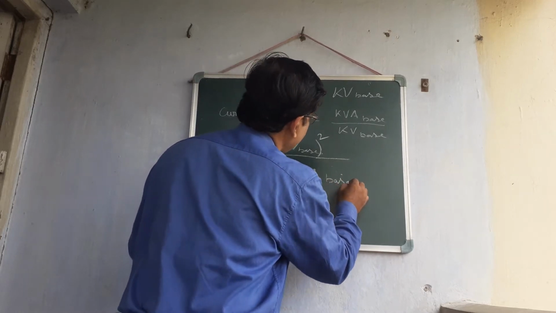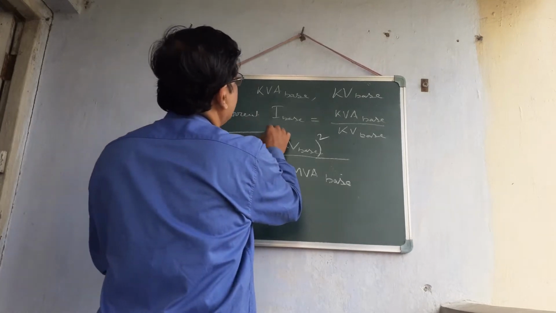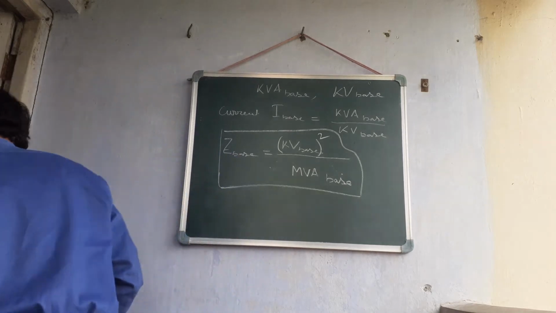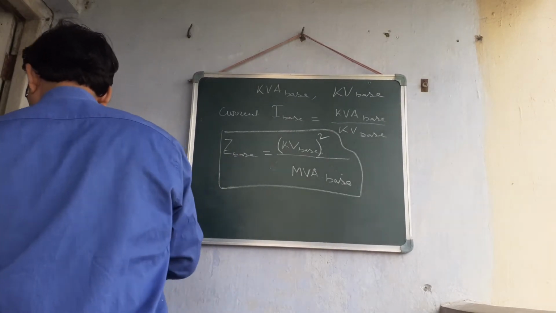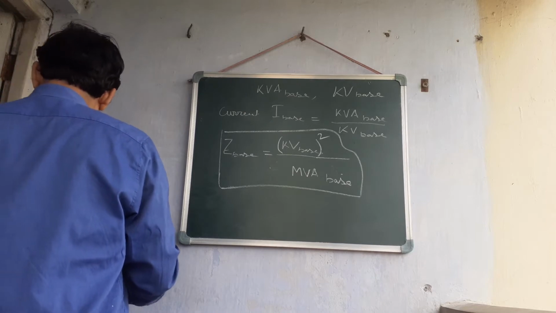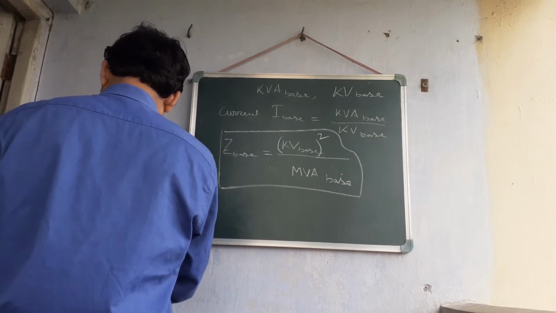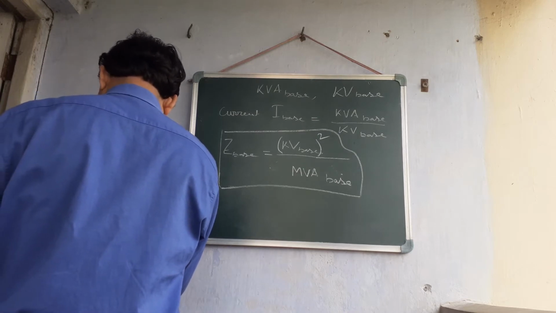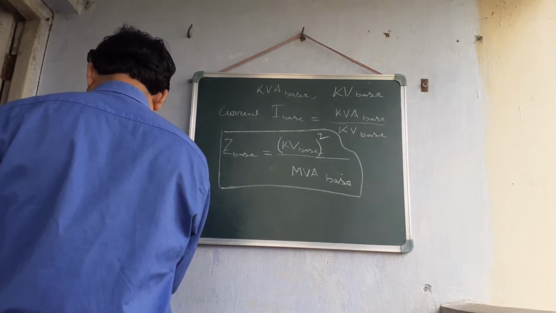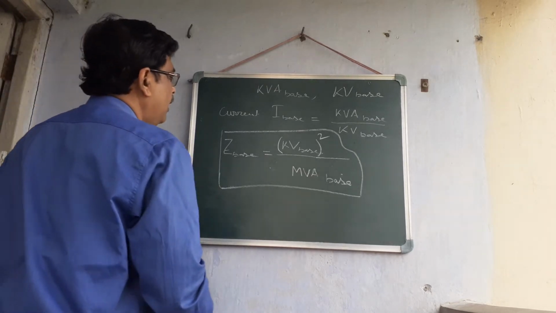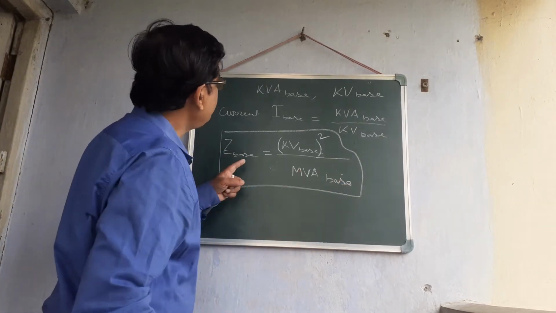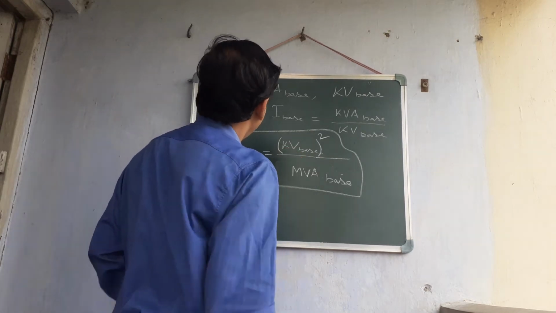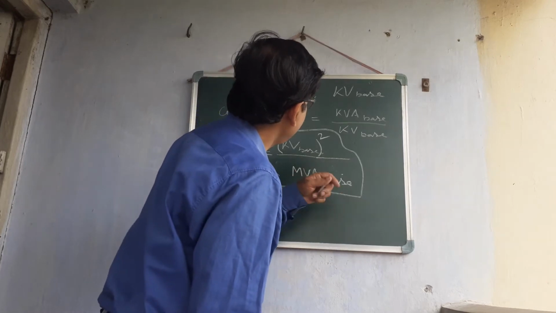This is one derived formula: Z base is equal to KV base square by MVA base.